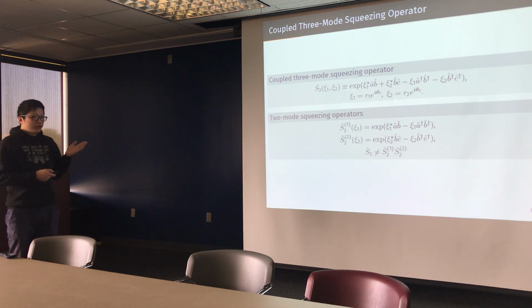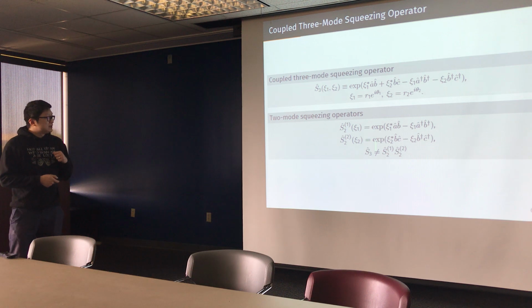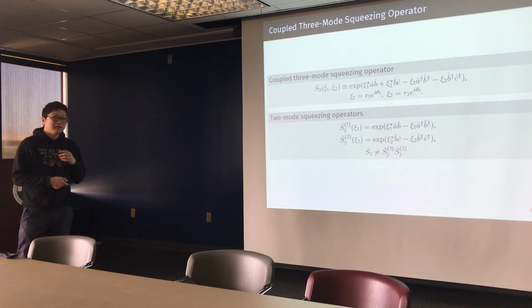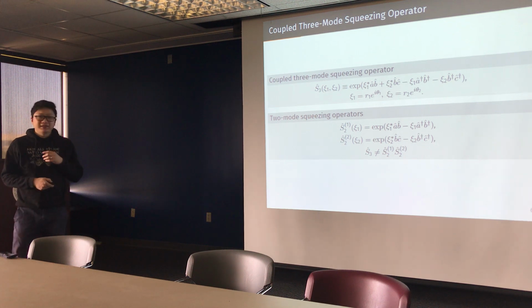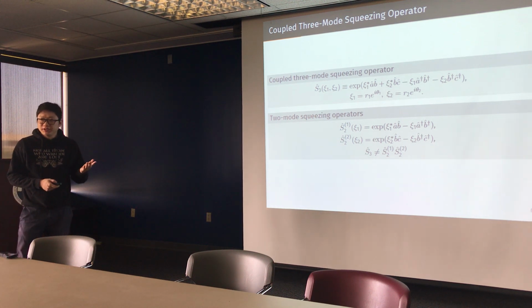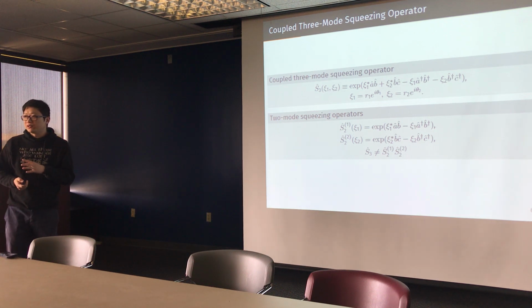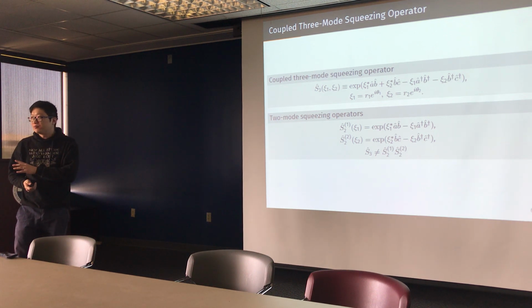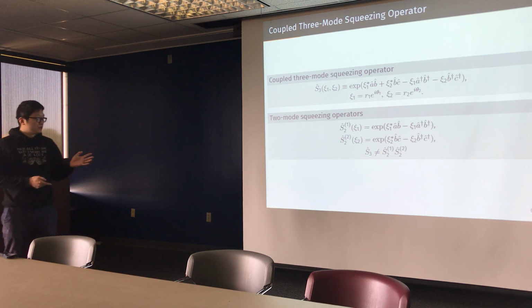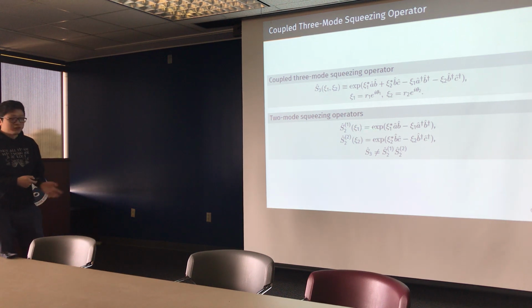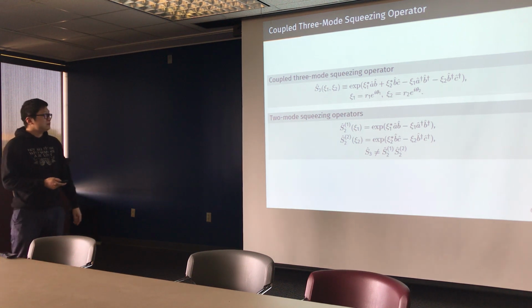One important thing to know is that what we're calling the coupled three-mode squeezing operator is not the product of two mode squeezing operators. This is similar to how a two-mode squeezing operator cannot be factored into a product of two single-mode squeezing operators. And this is where the interesting stuff comes from.